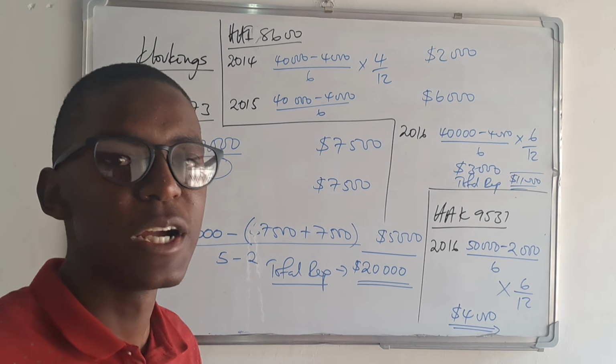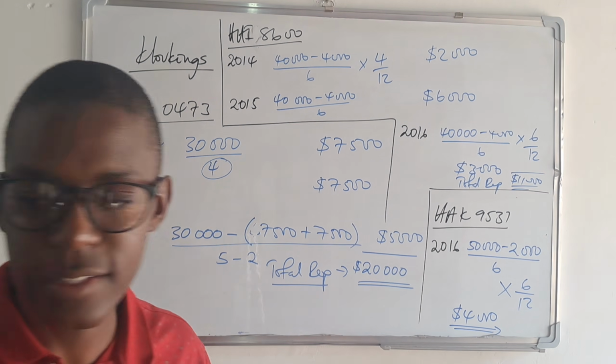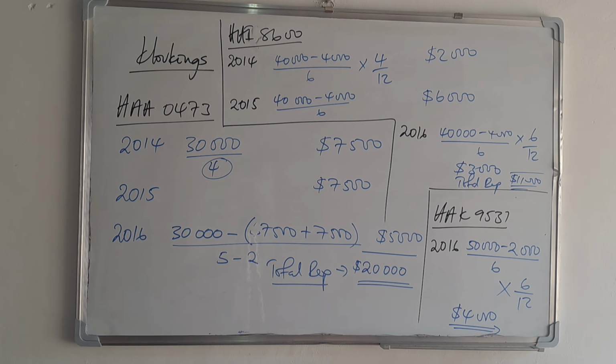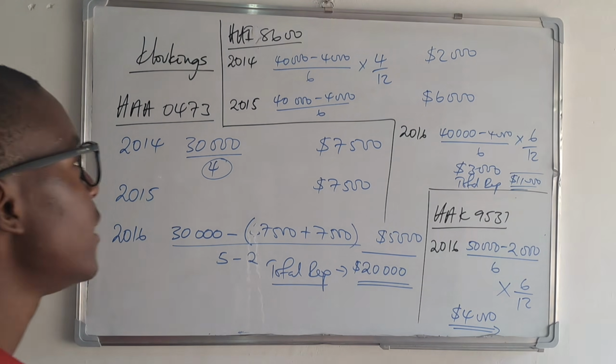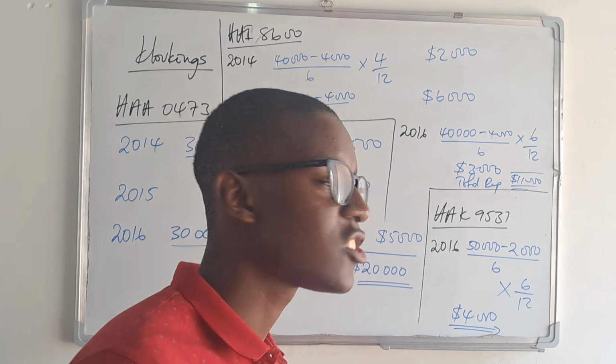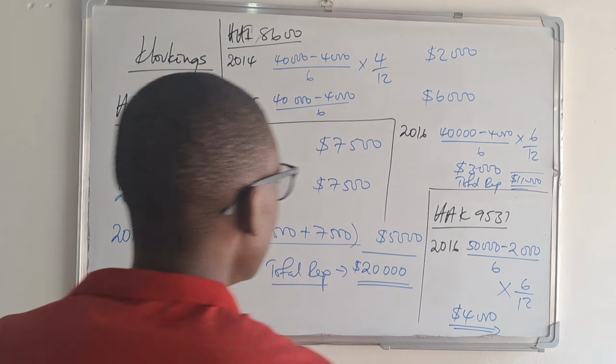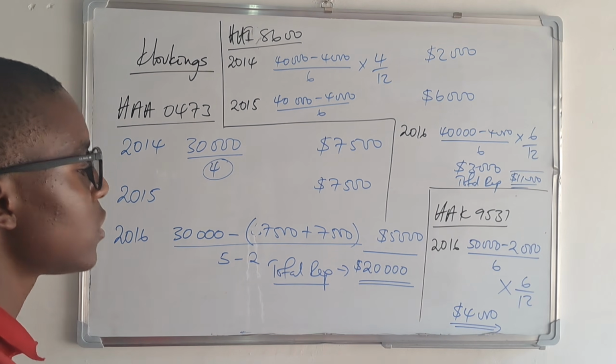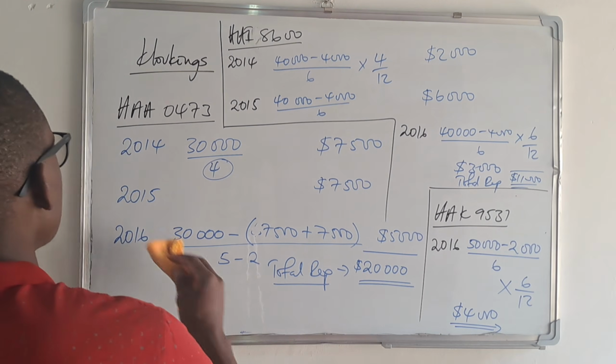I've given you a glimpse of the workings and how we are going to apply them in our formats. Now let's dive into the provision for depreciation account and also the disposals account.